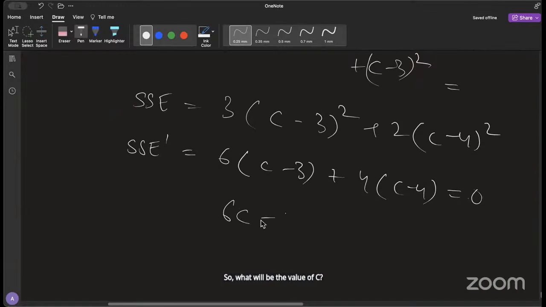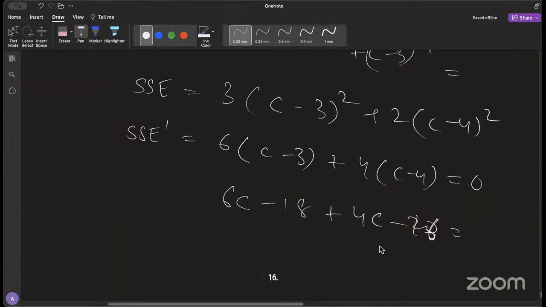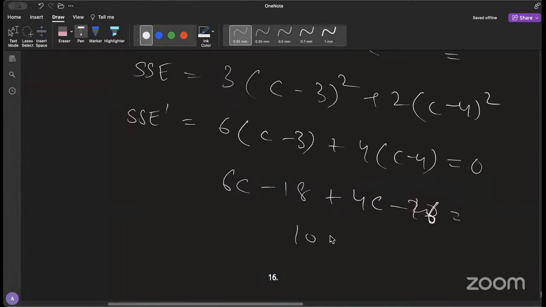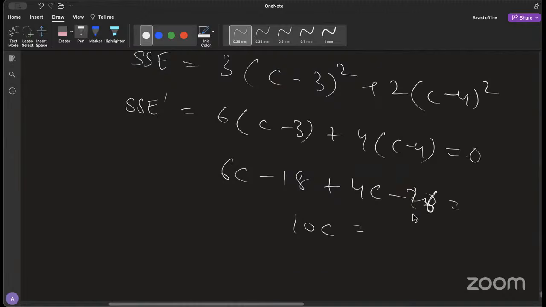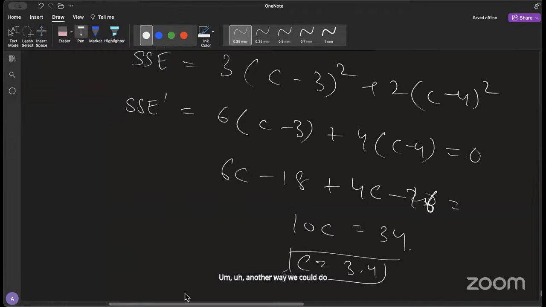So what will be the value of C? This is 6C minus 18 plus 4C minus 16. So this will be 10C. And on the other side, we'll have 34. So C will be 3.4. Is this okay? Ma'am, another way we could do is SSE, the most minimum value it could get is 0, right?